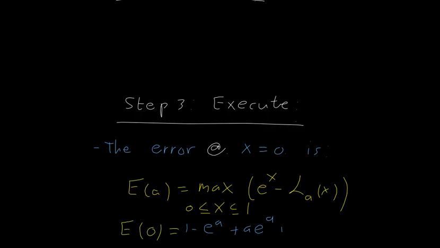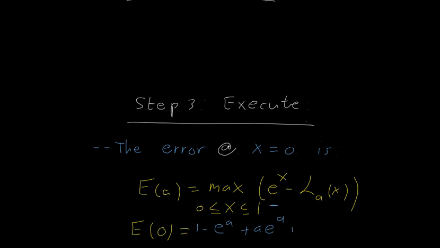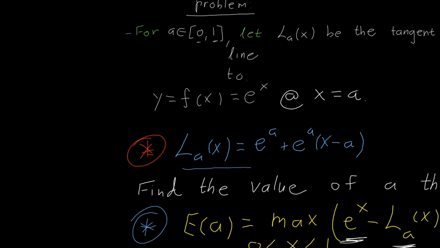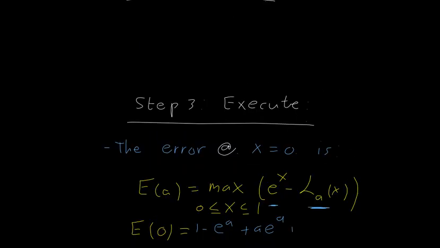If you don't understand how I got that, I substitute into this guy here x equals a. If a is 0, x is 0, so e to the 0 minus L subscript 0 of 0. We need to know what L of 0, the tangent line, is. We have an expression for the tangent line over here. Substitute x equals 0 everywhere, and you will simplify, add them together into the error function. Okay, so that's what we have right now.